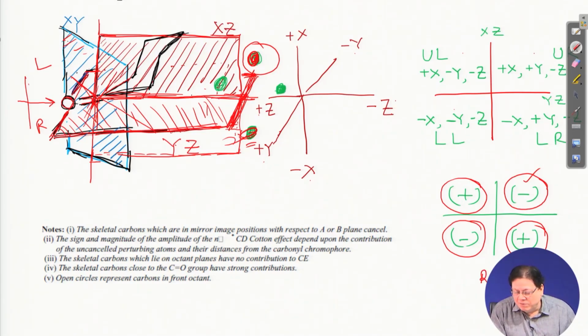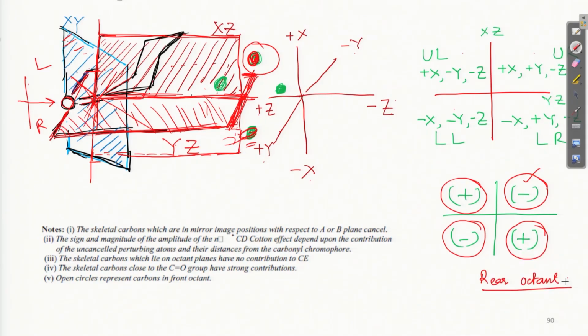Remember, if something is in the front octant, then the sign of the contribution to the Cotton effect will be just the opposite. That means, if it is the front octant, then upper right front octant will contribute in a positive sense. Okay.